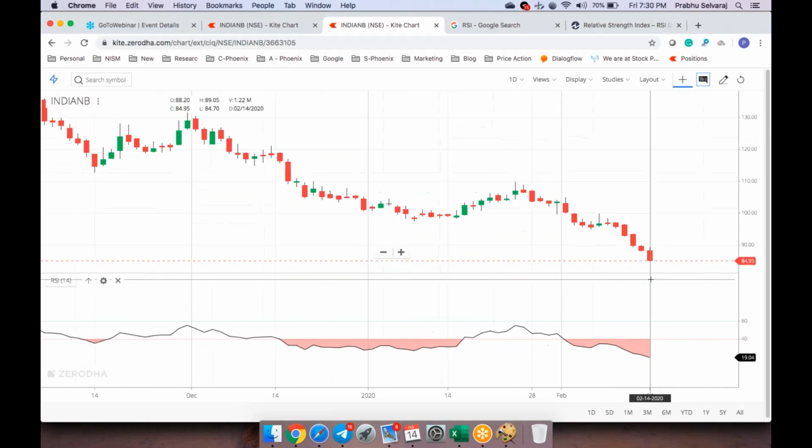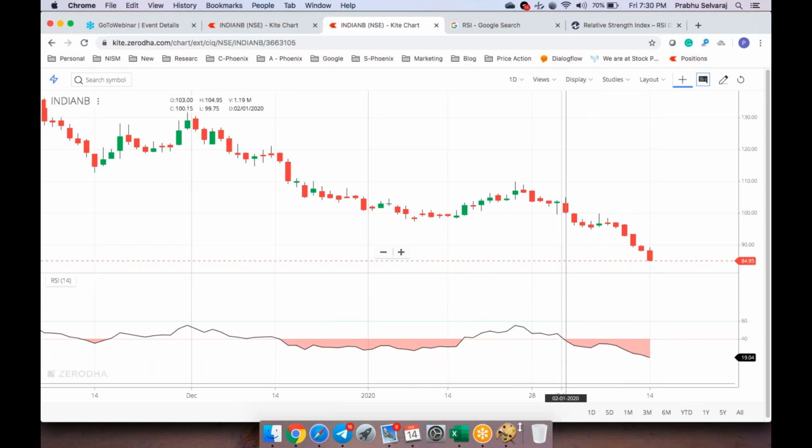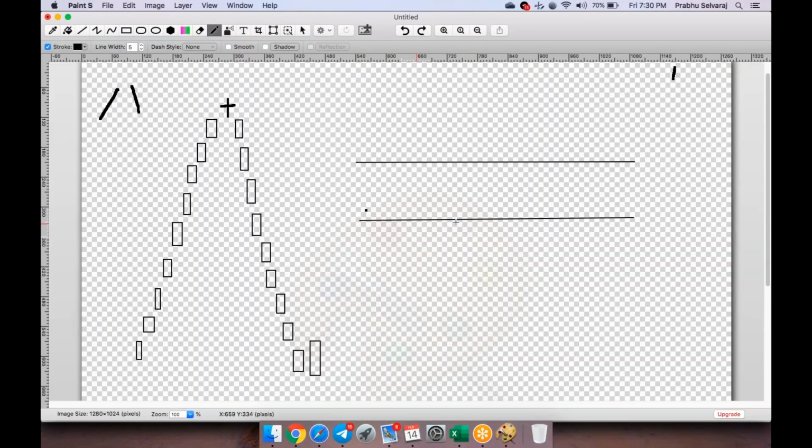I will take that advantage, but however, if the RSI is below 40, trading at 38, 39, 35, 30, 36, 37, I will never ever make an entry, because I will make an entry only when my RSI is crossing 40, not before 40.